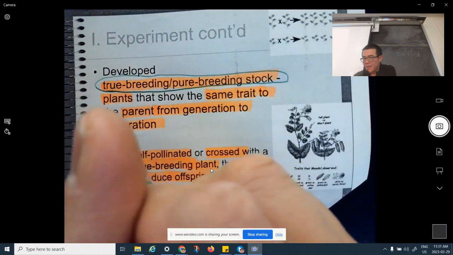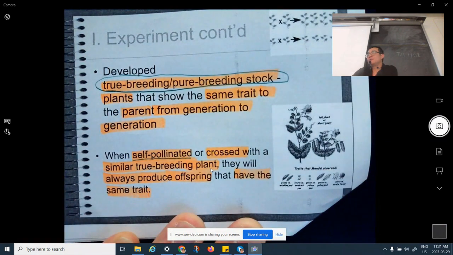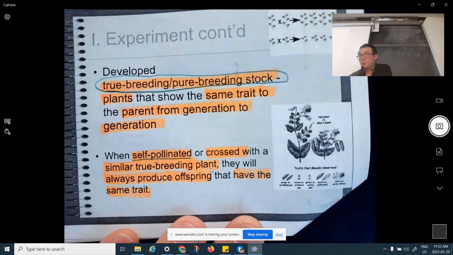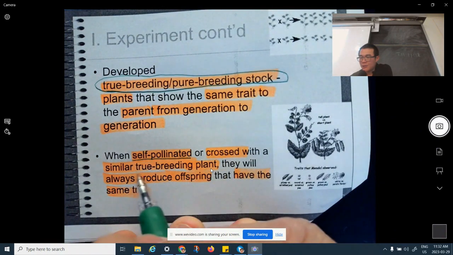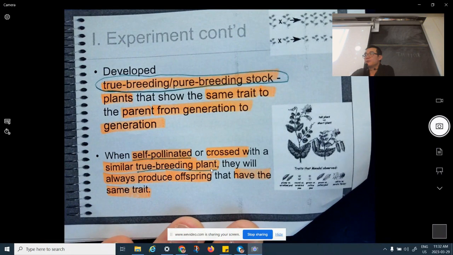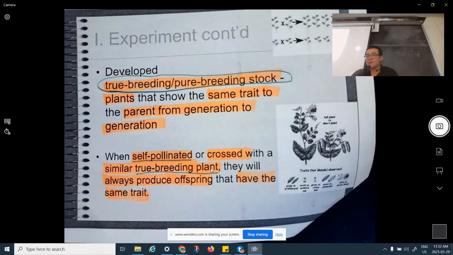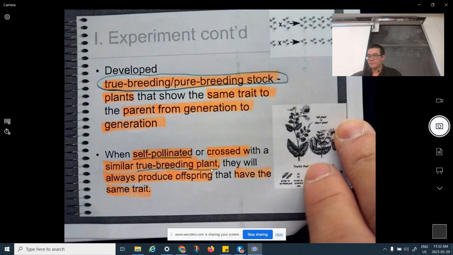So what he did was either self-pollinate the plants, using its own pollen and its own stigma to pollinate it, so it will not quite clone itself, but reproduce with itself, or he would cross it with another plant that is also purebred, true breeding plants. So this is basically how he did it. Okay, are we good?